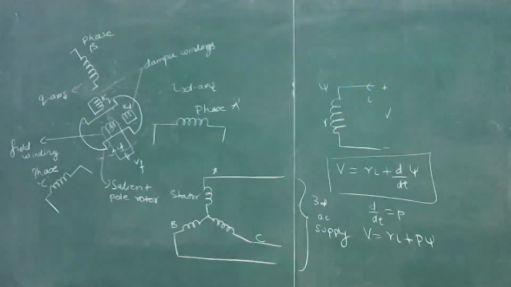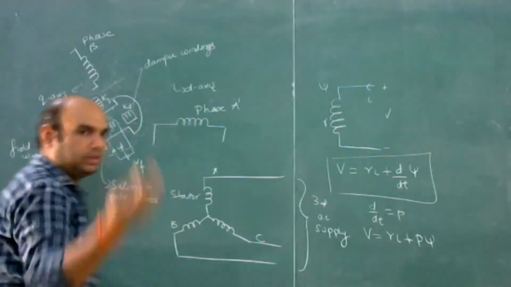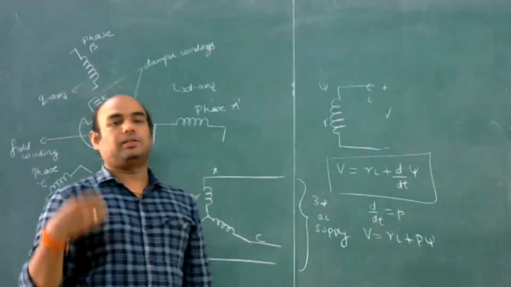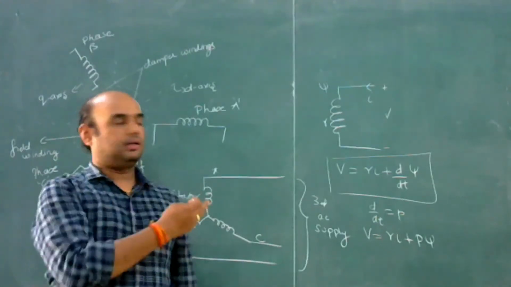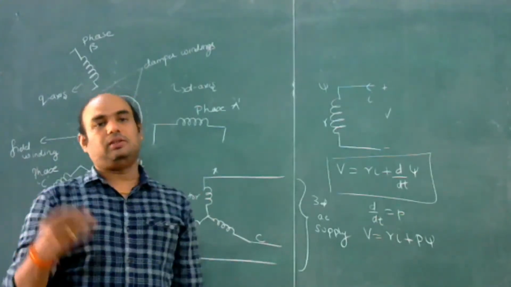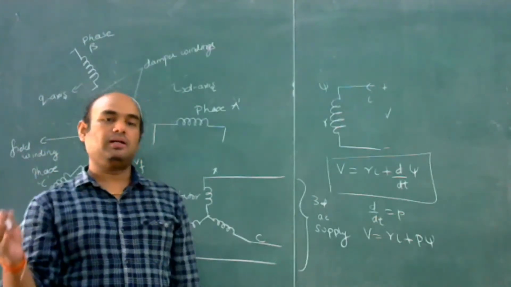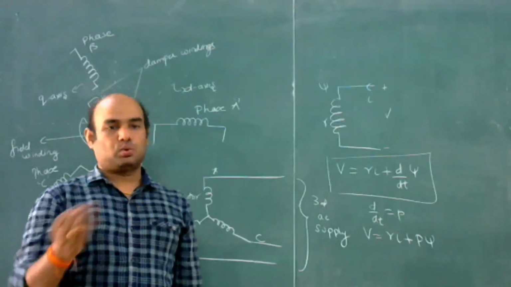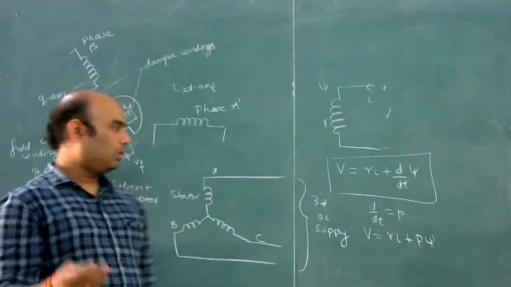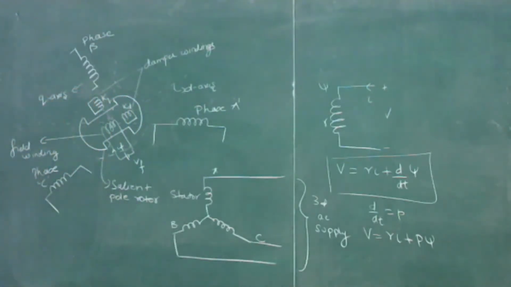Okay, so the phase winding and the field winding have their own inductance and their mutual inductance. In the last class, we derived the mutual inductance between the field winding and the armature winding, and the mutual inductance between two phase windings, or armature windings.